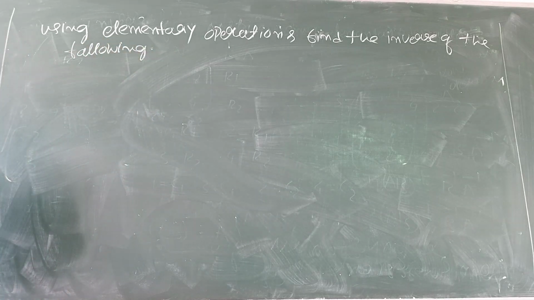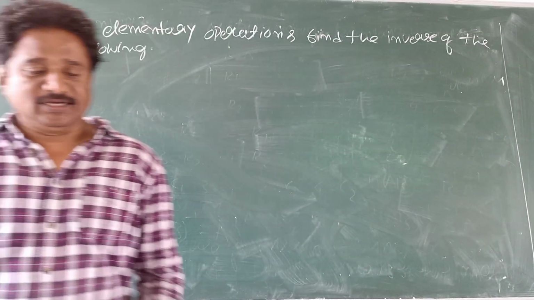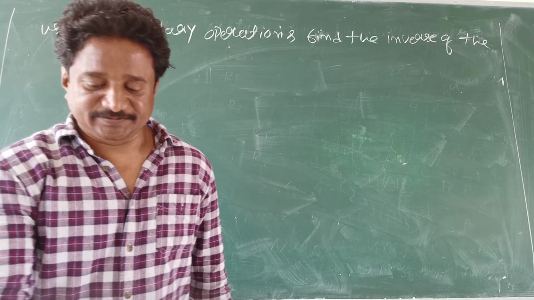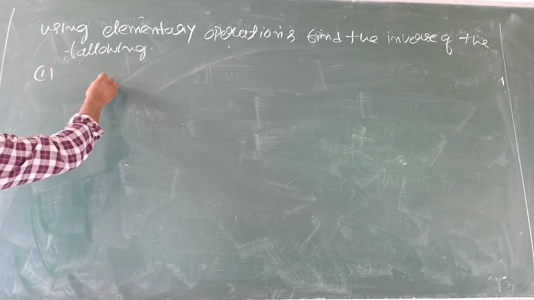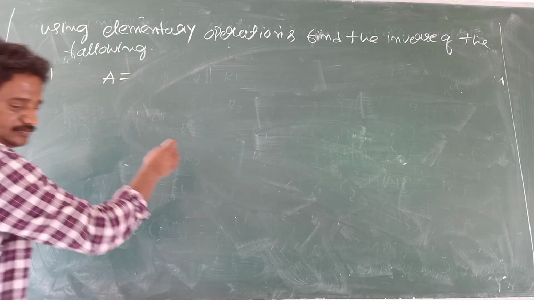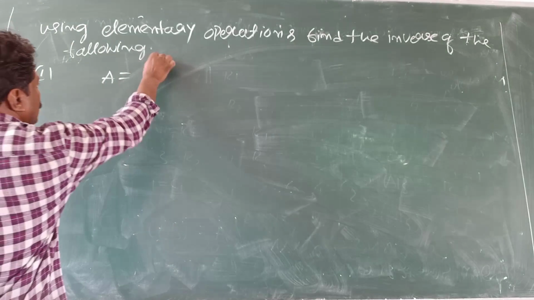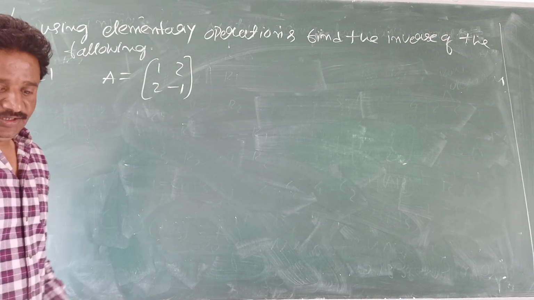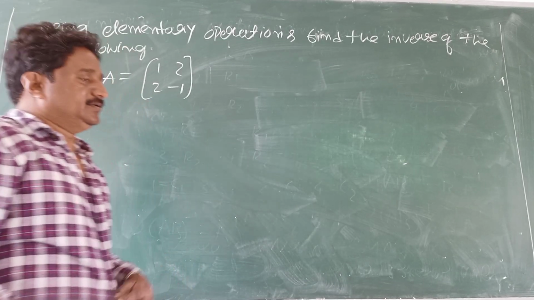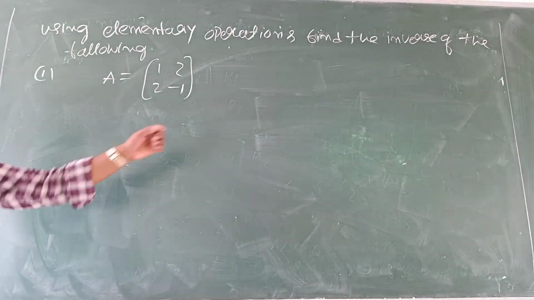So A equals 1 2, 2 minus 1, 1 2, 2 minus 1. Okay. Let us start.